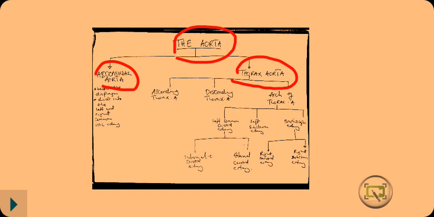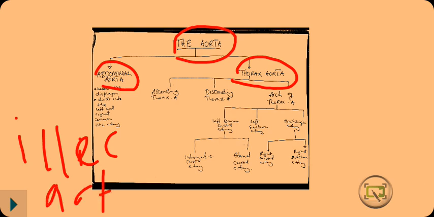We call it the abdominal aorta, which further divides into the left and right iliac arteries, which supply blood to the lower limbs.